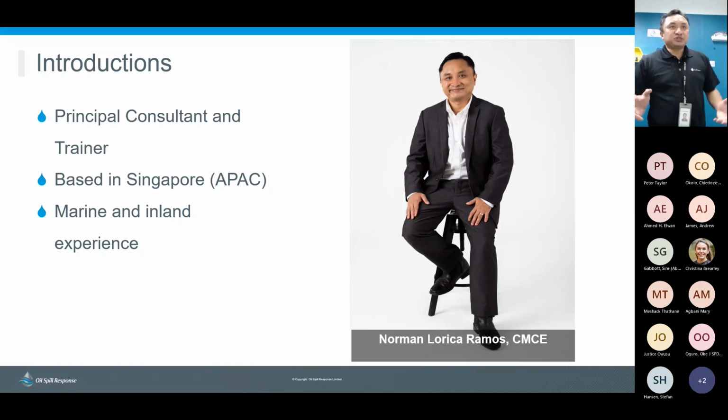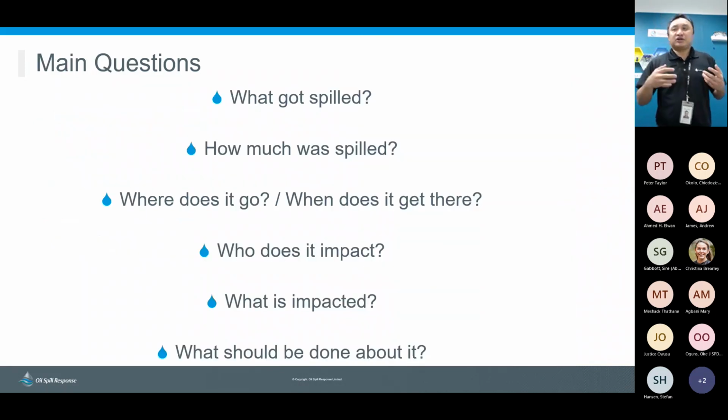As I have mentioned, for today, we would like to understand the toolbox with regards to the environmental impact assessment, more specifically on monitoring and sampling. In a spill, there are some important questions that we need to ask that would have an effect on understanding the impact of an oil spill to the environment. Some of the main questions that need to be answered when we are responding is, first and foremost, what got spilled.